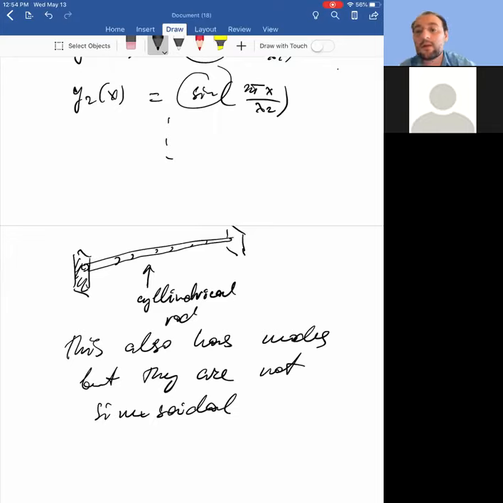And the reason they're not sinusoidal is because the mechanism of the restoring force is different. In the string, it's the tension. The tension is trying to restore the string back to equilibrium, but because the string has inertia, it always overshoots the equilibrium. That's how you get oscillations. In the case of a rod, the restoring force is not the tension, but the fact that when you bend the rod, one part of the rod is compressed and the other is stretched.